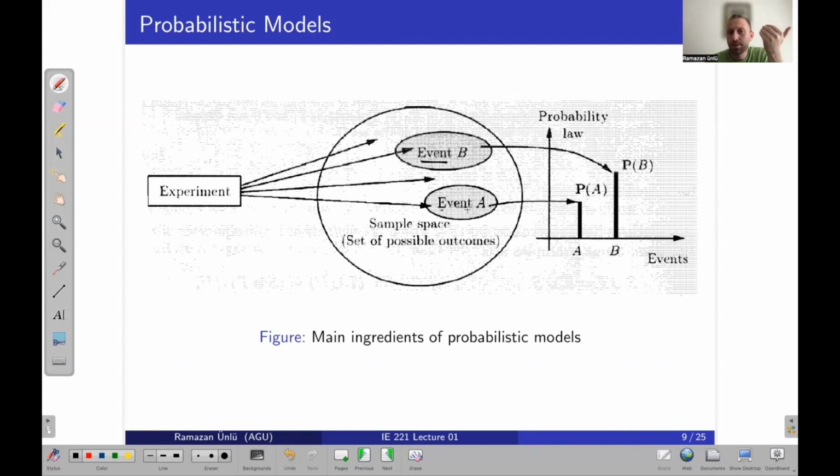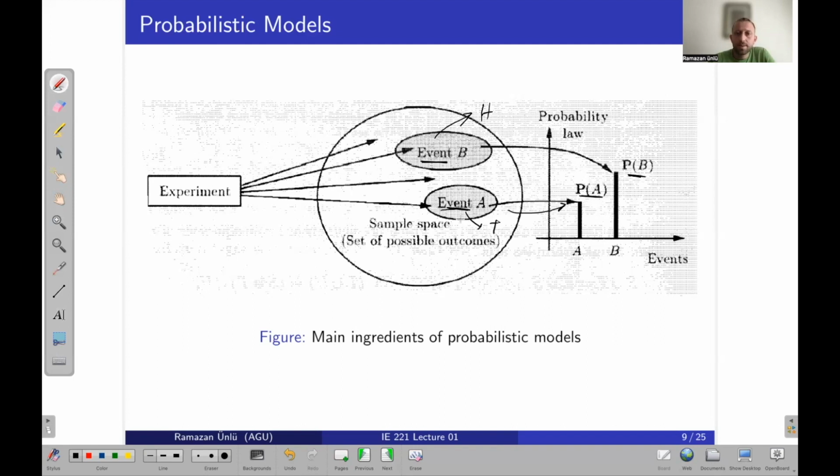Let's say this is getting the head, and this is getting the tail. Then, based on the sample space and the events, we will assign some probability, and this will create the probability of the events.